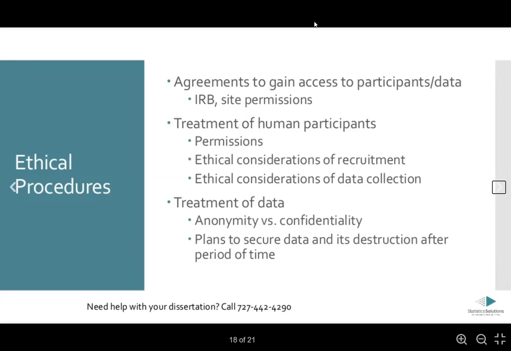So maybe a hotline or a phone number or any type of resources that may be able to help them cope with anything that emerged from describing their experiences or participating in an interview about that subject matter.